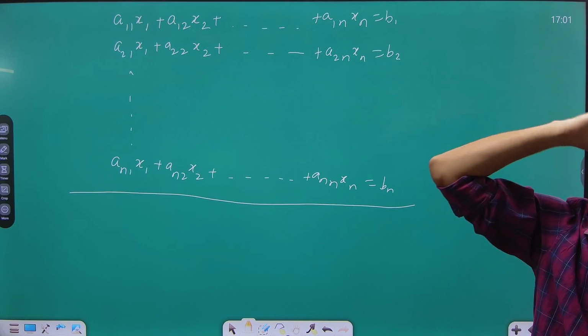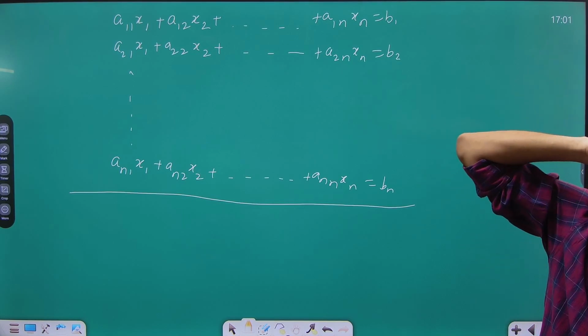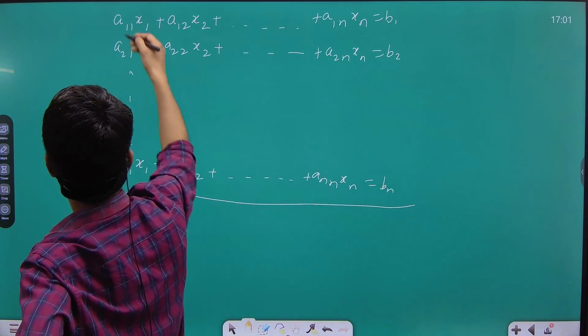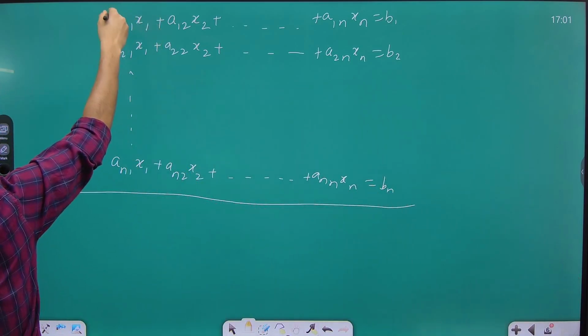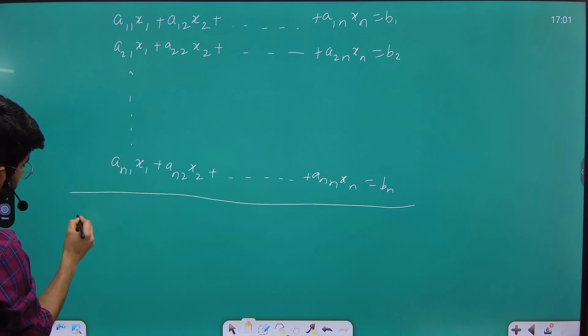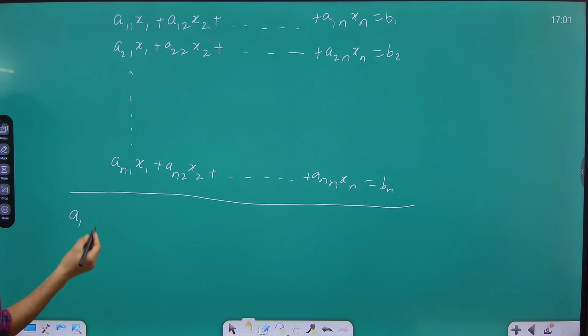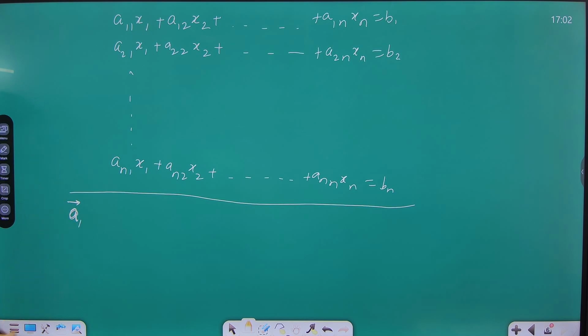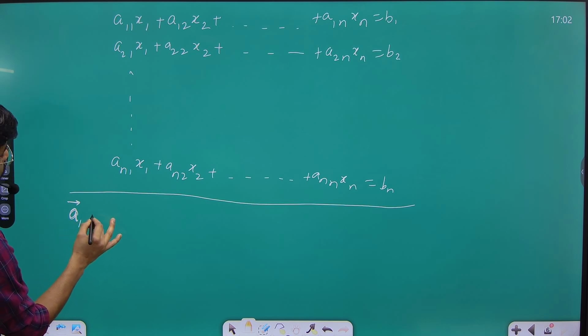Okay. So in the first vector you have this column. Suppose you are representing this column as vector a1. In simplicity, if you can't make it bold, just put an arrow on your symbol so that it represents a vector.